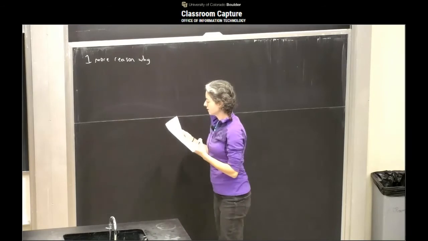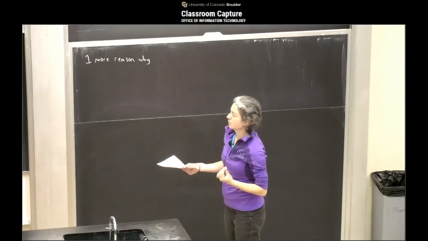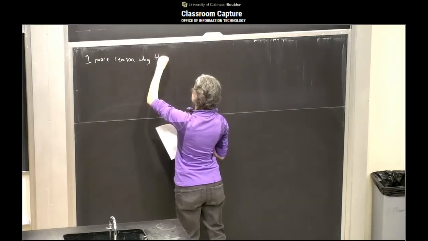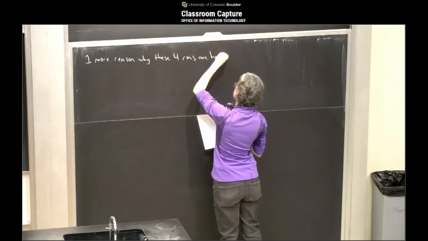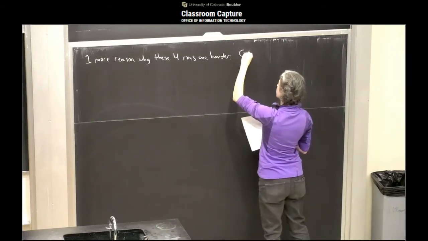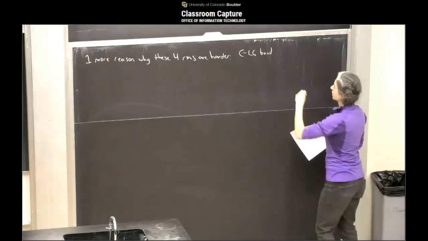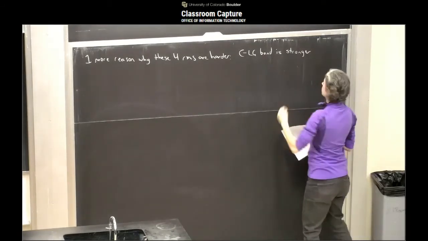Really, this actually applies to all of these reactions, so SN1, SN2, E1, and E2. And that is that the carbon-leaving group bond is stronger than it would be on a regular alkyl halide.